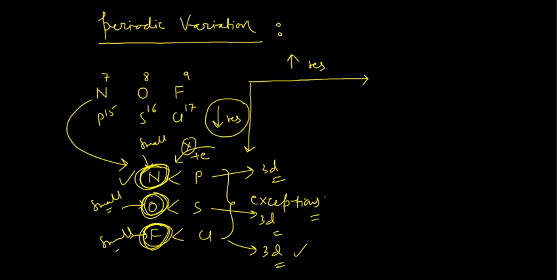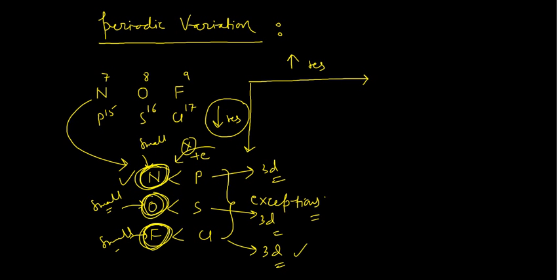When repulsion decreases, effective nuclear charge increases, and it will accept the electrons more readily, and thus gives a higher amount of energy released, which is your higher electron affinity. This is the way you can explain it. So this is the exception for your periodic variation.